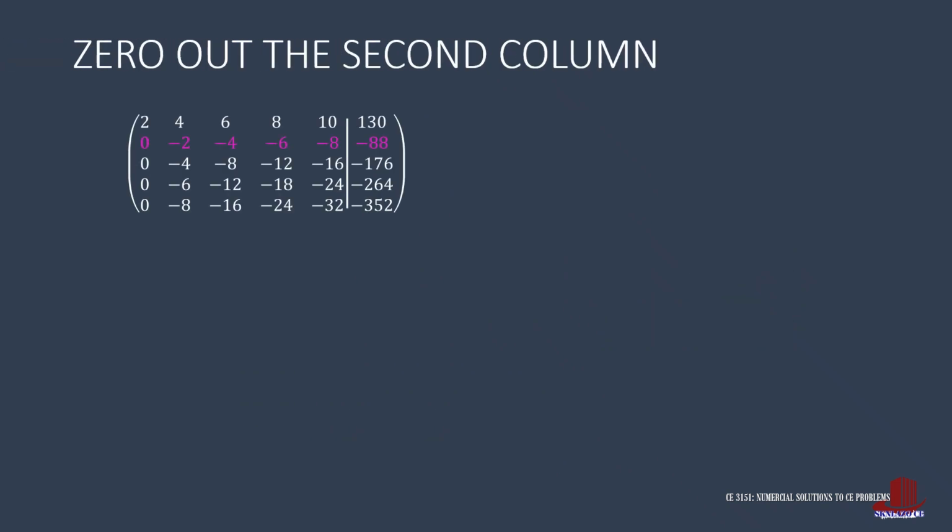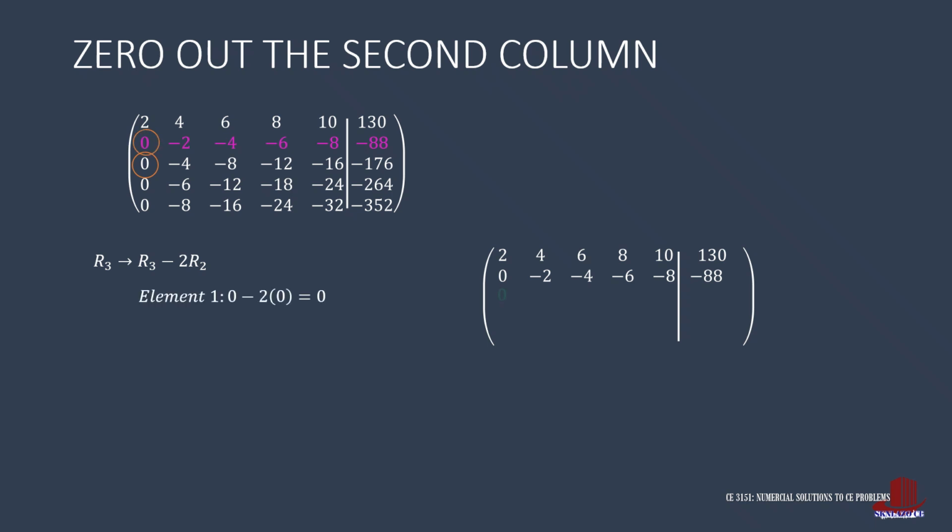After finishing the first column, we then use the second row as pivot row to zero out the other succeeding elements under the second column. To work on the third row, the operation is R3 minus twice of R2. From the first element, 0 minus twice of 0 is 0. This is followed by negative 4 minus 2 times negative 2, which is also 0.